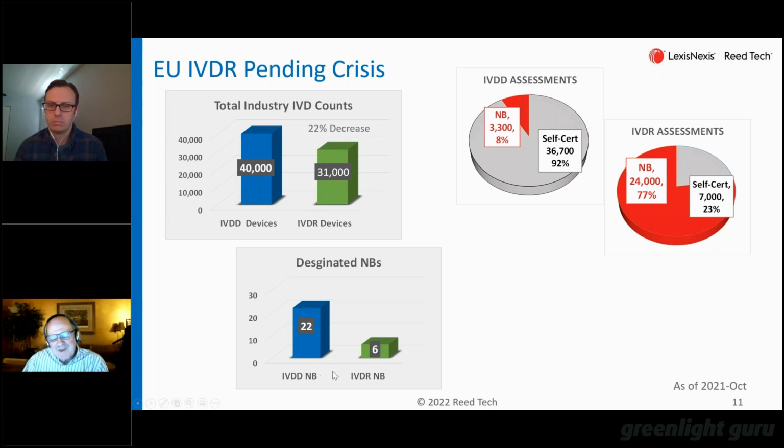Now, with the date of application of the IVDR, the regulation needs to be followed by notified bodies, and there are only 6 of those. We actually did a count today; these particular stats were done back in October, but the 6 remains as of today. There are still only 6 notified bodies designated. I understand there's more in the pipeline, but they're not up to speed yet.